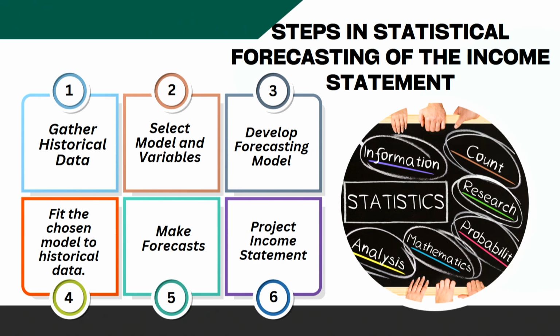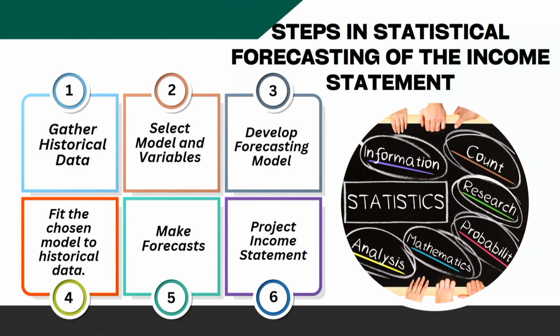Then select model and variables. As I said, after accumulation of statistical data, we establish causal relationships, because by using such a platform, we predict one variable given the values of other variables in a construct of independent variables and a dependent variable.